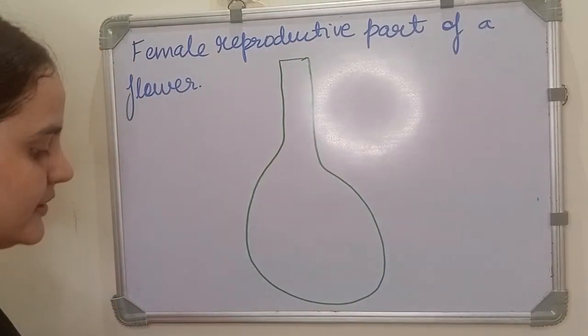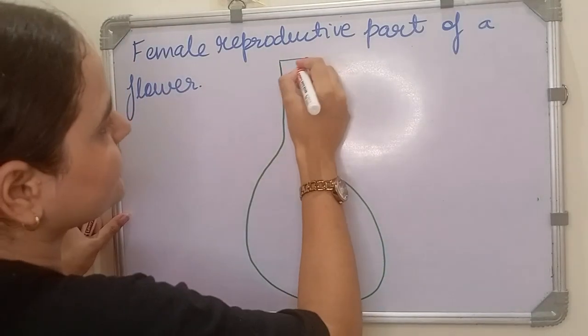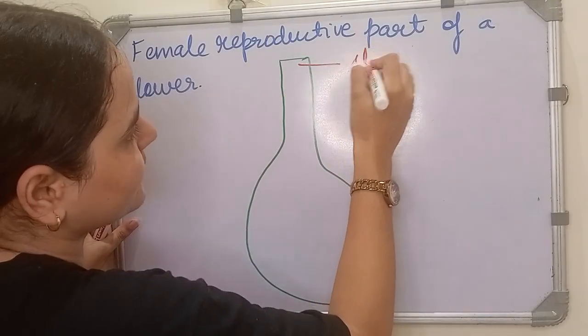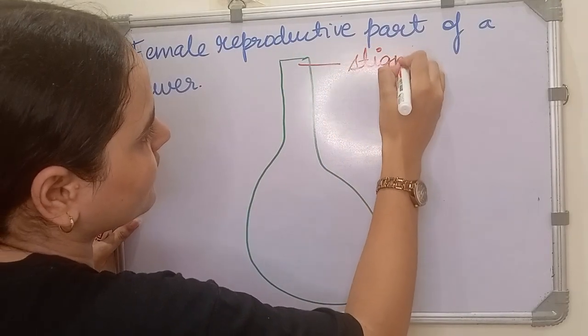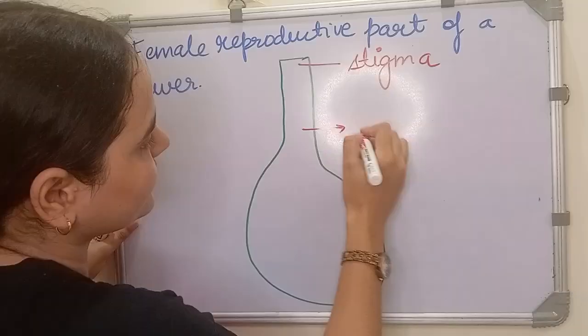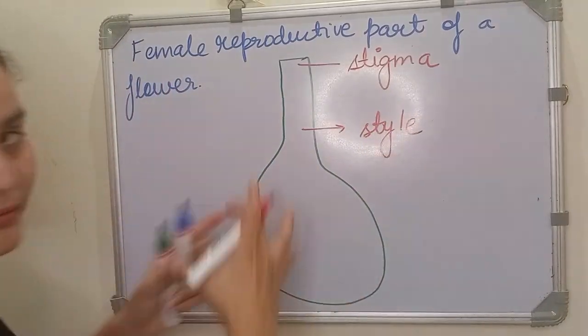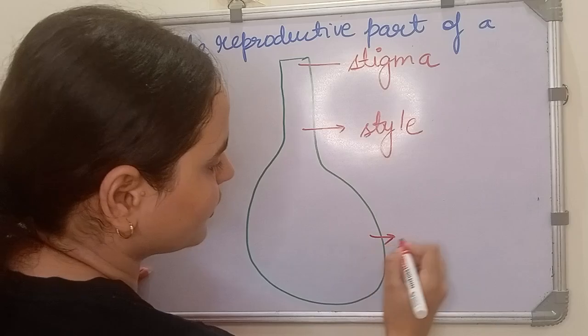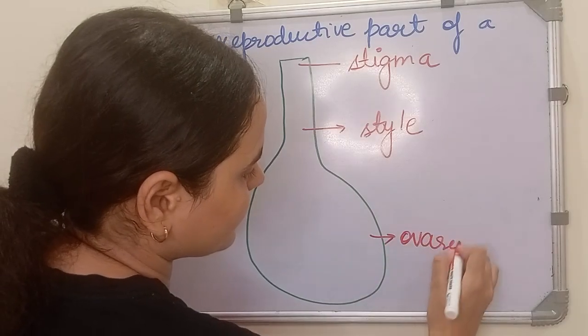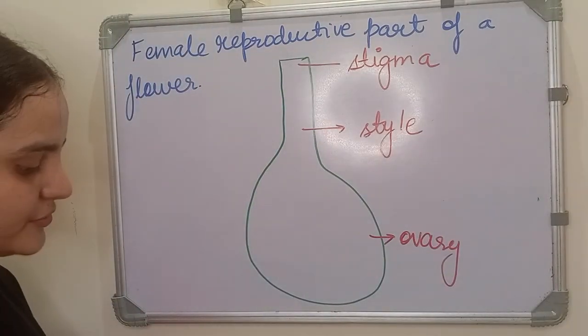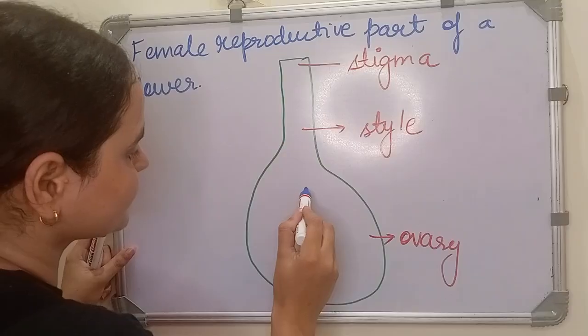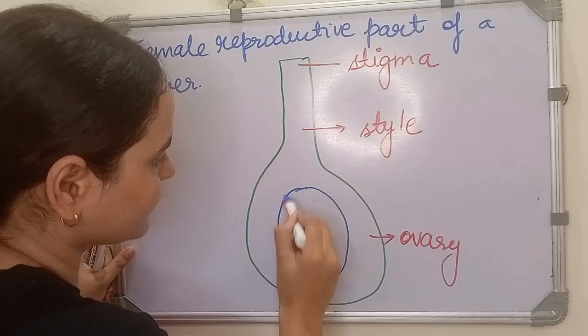This portion is called stigma. This is called style, and this whole bulky portion is called ovary. And inside the ovary, it contains ovule.